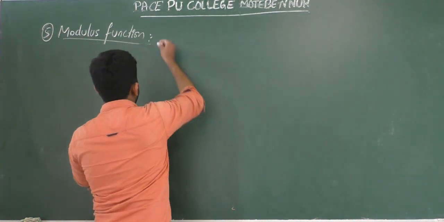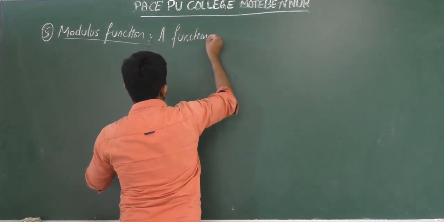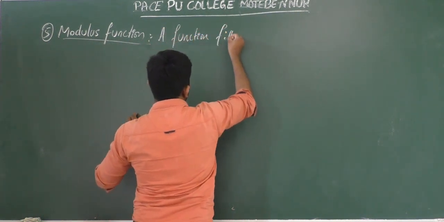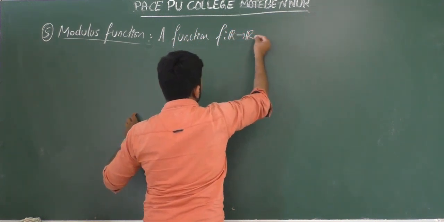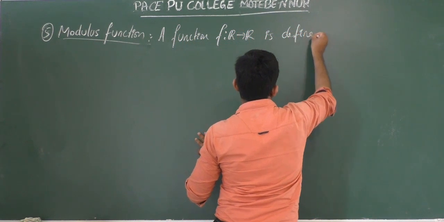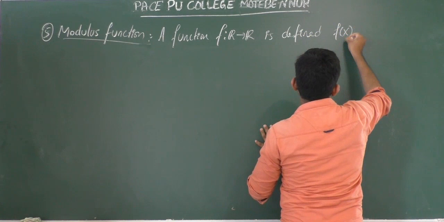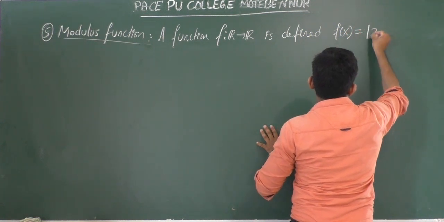I'll write a function f from R to R defined by f of x is equal to mod x.